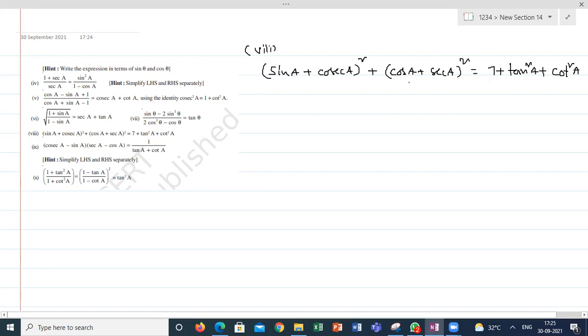So (a plus b) whole square, (a plus b) whole square. Straight away I am expanding these two, because sin into cosecant is 1.